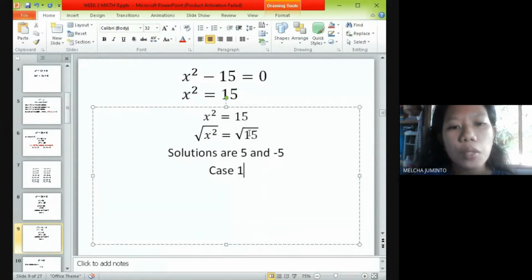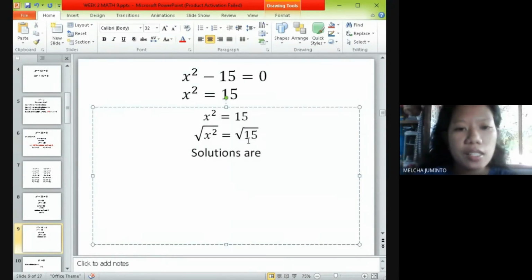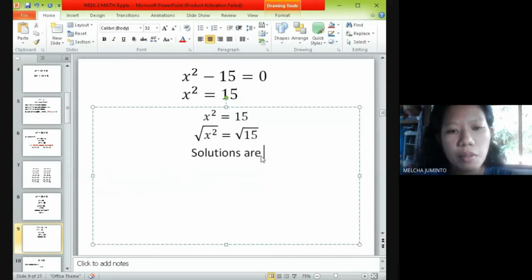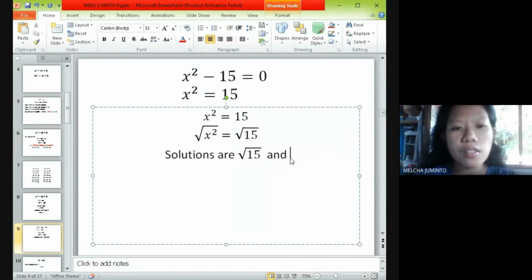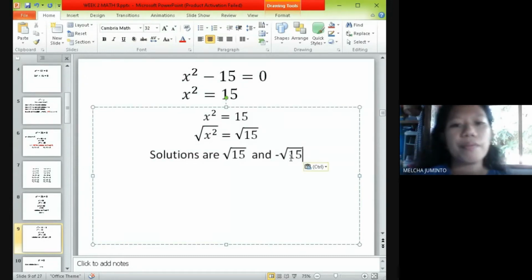Therefore, square root of 15 cannot be simplified. The solutions are just equal to itself, I will just copy. So, kapag hindi na siya kayang matanggal sa square root, the answer will remain as square root of 15, and of course, the negative value of that, because we are working with square root.